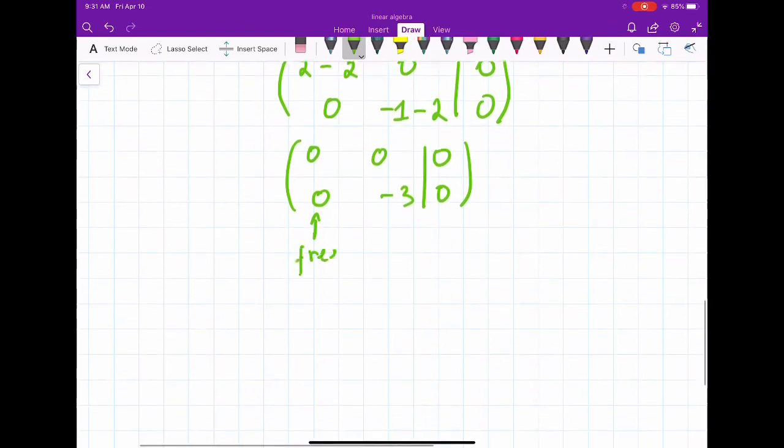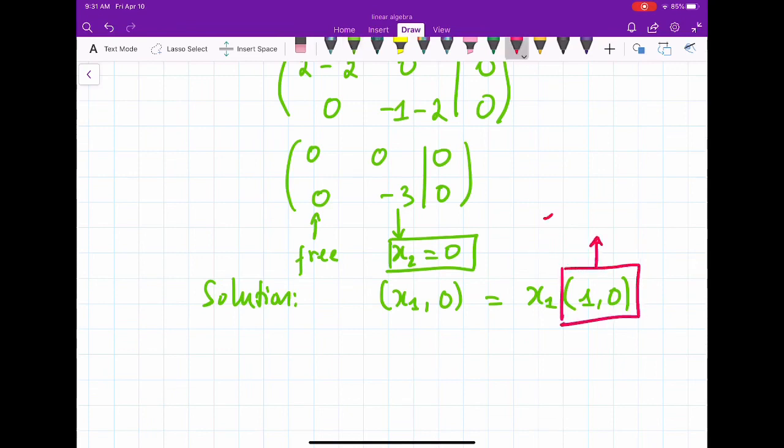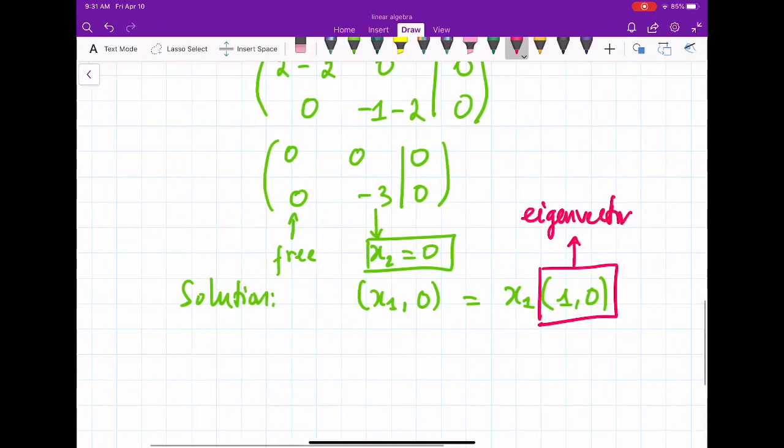So we have one free variable. And this is, let's say, x2 equal to 0. The general solution of this system is x1 times the vector 1, 0. So from here, I say, yes, this is the eigenvector corresponding to lambda equal to 2. Make sense?